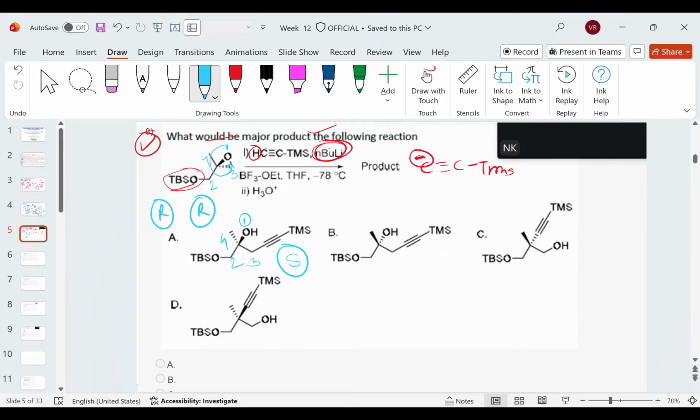This is another option. So here you can see one, this is two, three, and the fourth. If I just give the numbering, it will be one, two, three. It is again S, which changes to R. So what is the answer they have given?